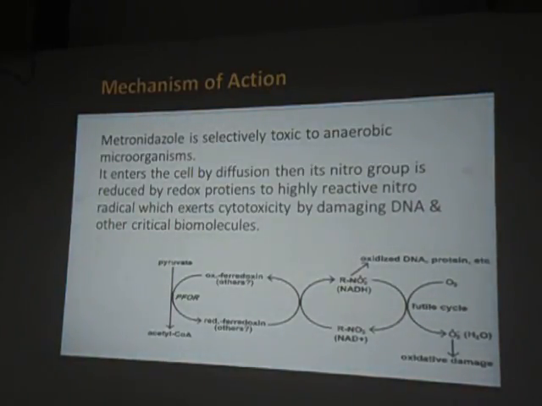This results in oxidized DNA and protein, and there is oxidative damage. Metronidazole is selectively toxic to anaerobic organisms. It enters the cell by diffusion, and then the nitro group is reduced by redox proteins to highly reactive nitro radicals which can kill these organisms.